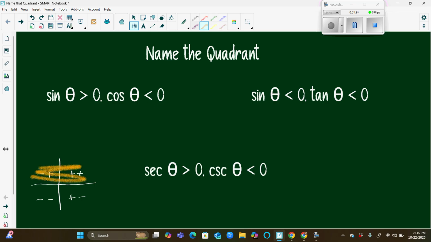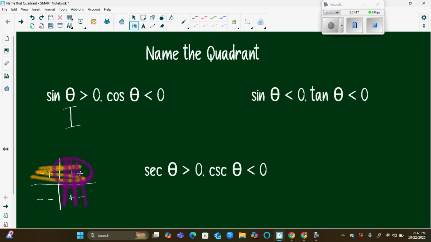Cosine is negative on the left side of the y-axis. And then you'll say, oh, see where they're both the same would be right here in that first quadrant. So the answer to number 1, you would say quadrant 1. And we always label the quadrants with Roman numerals.